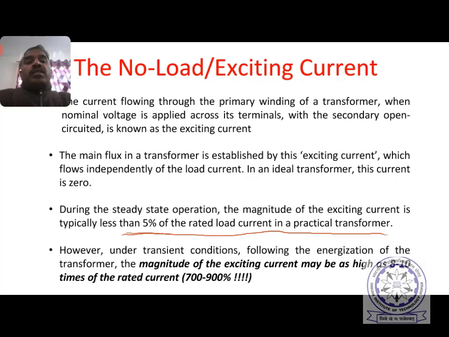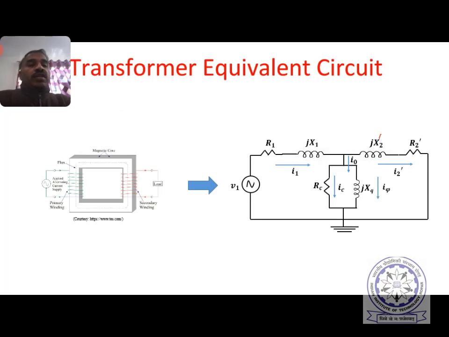Now think about what this no load current consists of. If you look at the equivalent circuit, for example this branch is open, so there is no current in this branch. Only the current will flow through this branch.